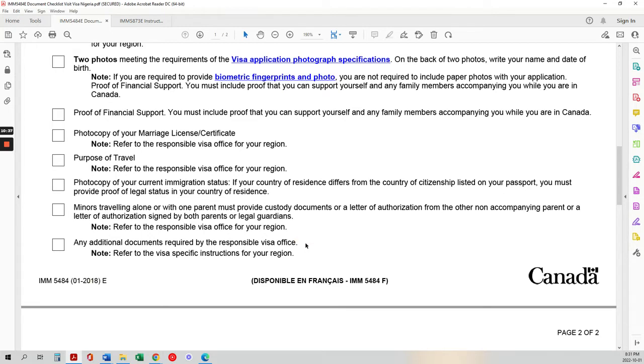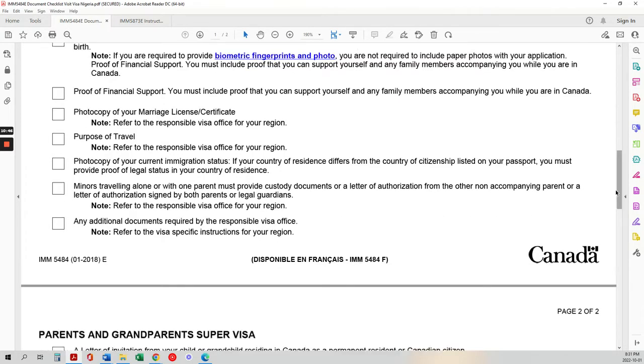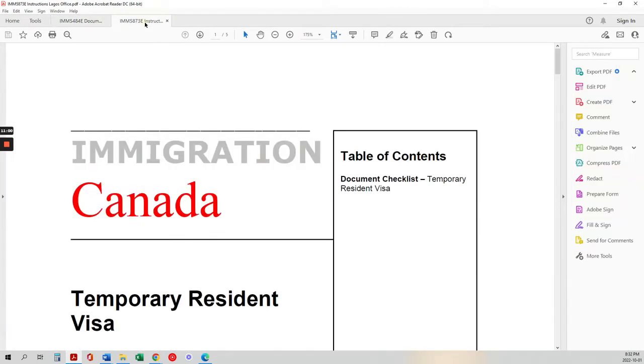Now, this is just a guideline. Because I am very familiar with Nigeria, there is another checklist that is required for the application of a temporary visit visa, resident permit, resident visa, however you want to say it. I have that here, and you can download it off the website.